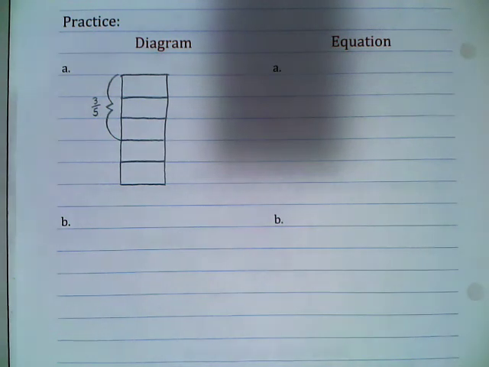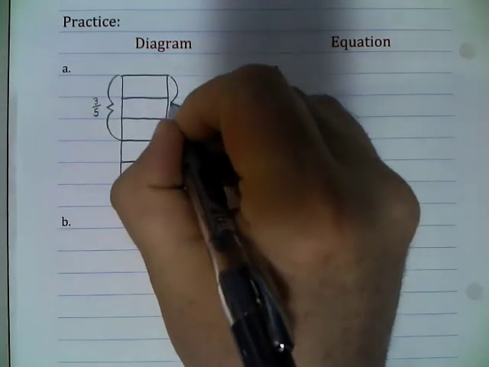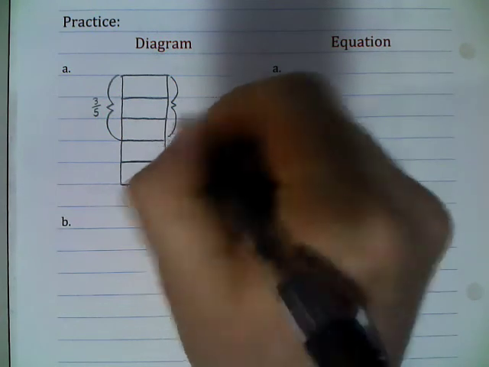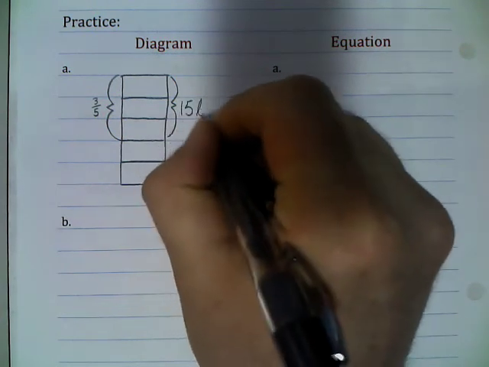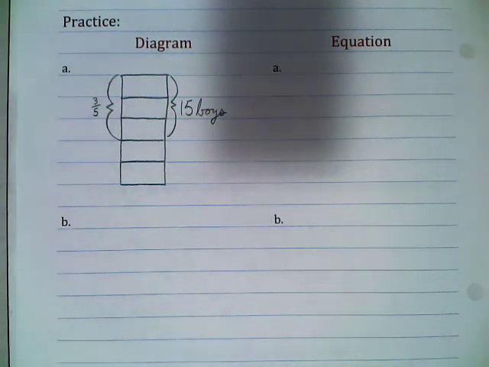Okay, now with that set, let's keep reading. So 3/5 of the students in the class are boys. Okay, so that's a certain number of boys. If there are 15 boys in the class, so I know from that right there that there are 15 boys. 3/5 of the class is 15 boys.